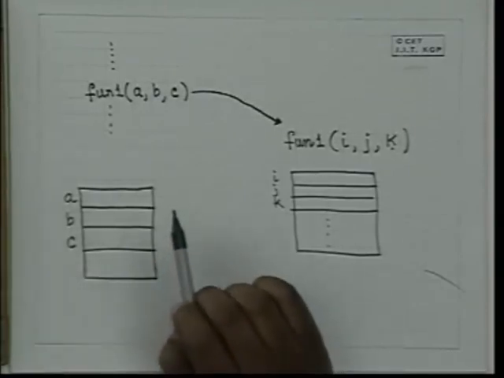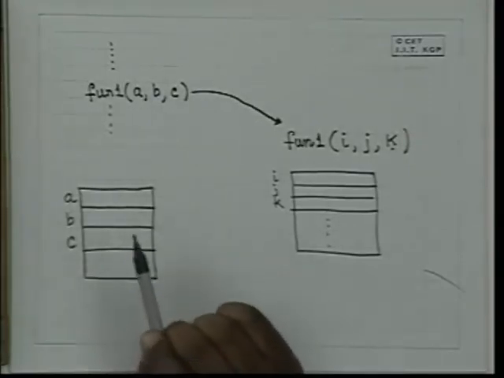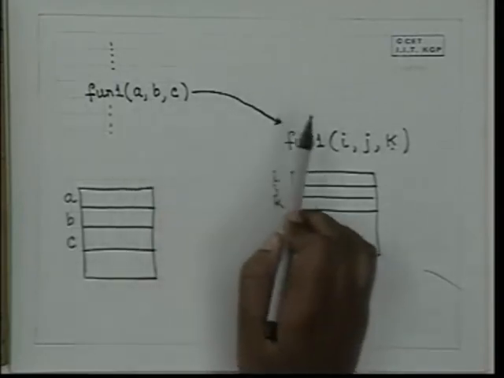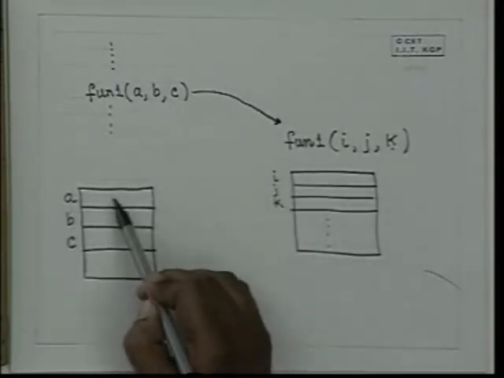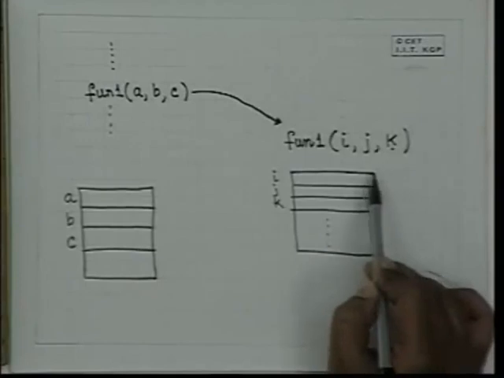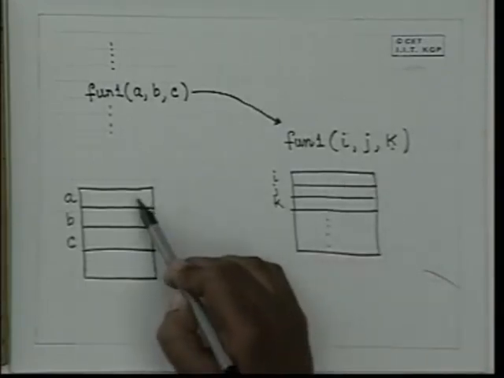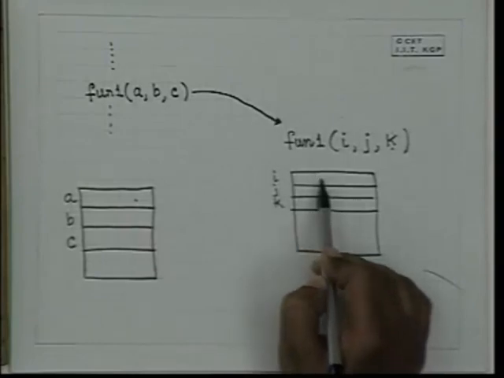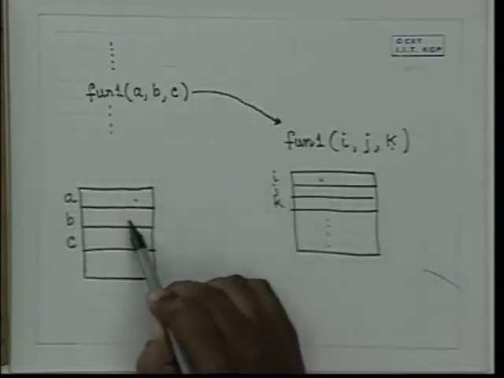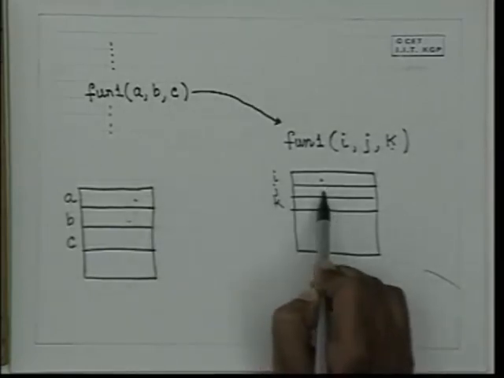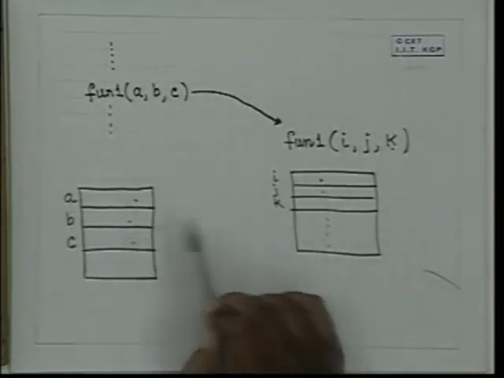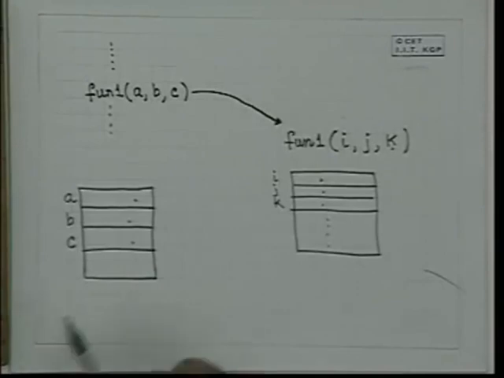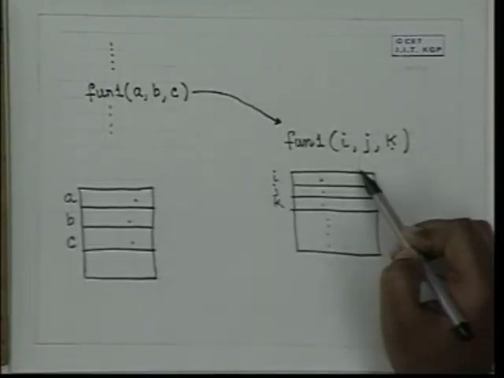In C language this is what exactly happens. When a function is called, this memory is allocated. The value of A is copied into the value of I. The value of B is copied into the value of J. The value of C is copied into the value of K. And then this starts executing.